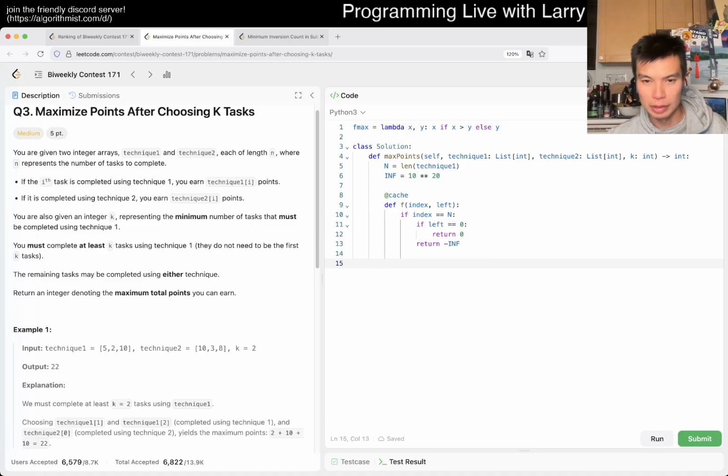Just write it the normal way. So use technique 2. If I could spell it.